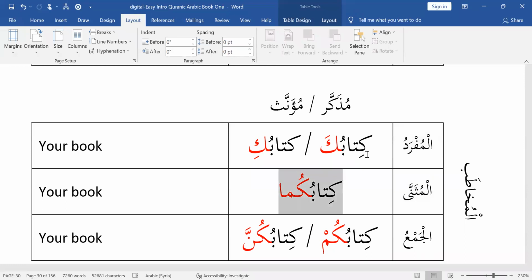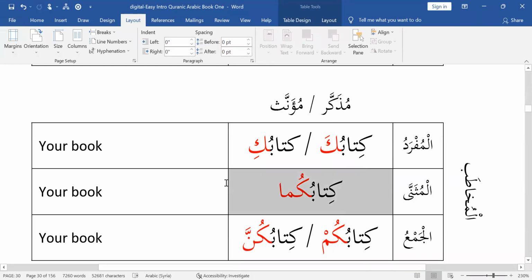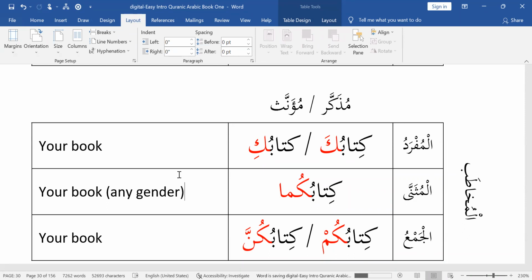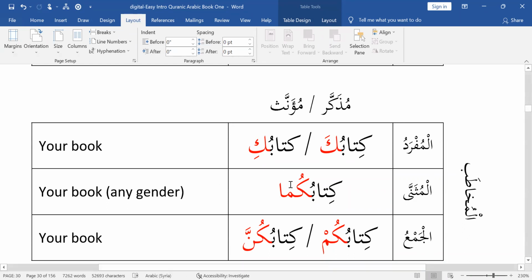For the dual, al-muthanna, you just say kitabukuma, any gender, okay? Any gender is for the dual. If you have a boy, girl, or a boy, boy, or a girl, girl, it doesn't matter. As long as it's two people, you say kitabukuma.